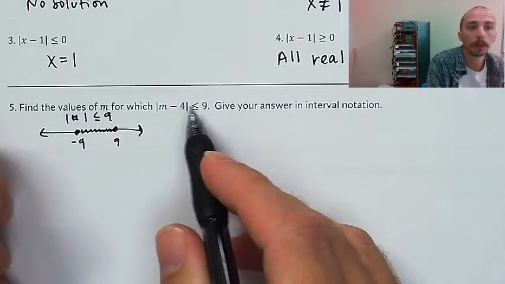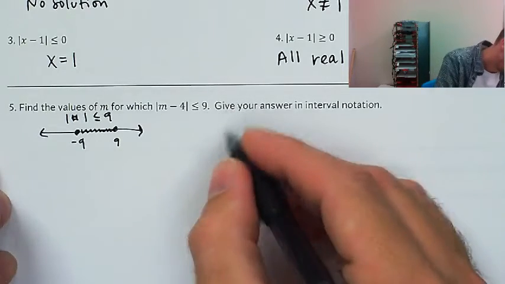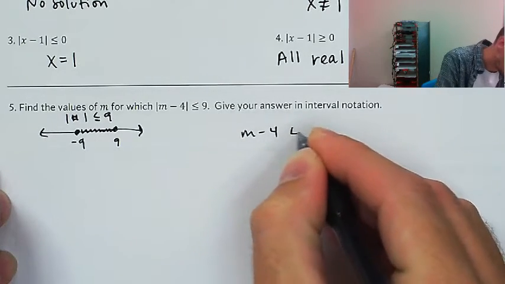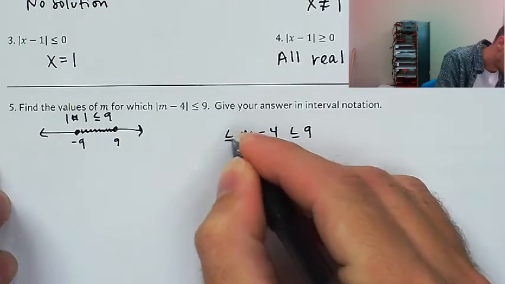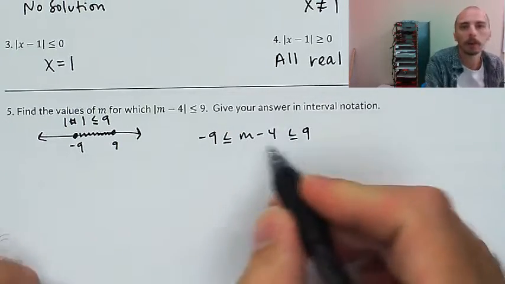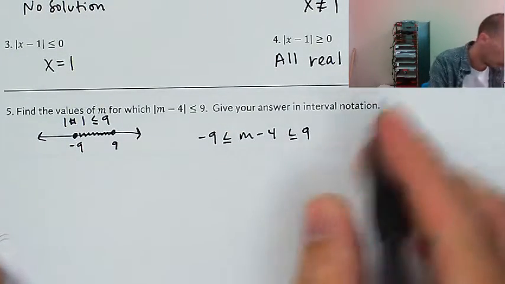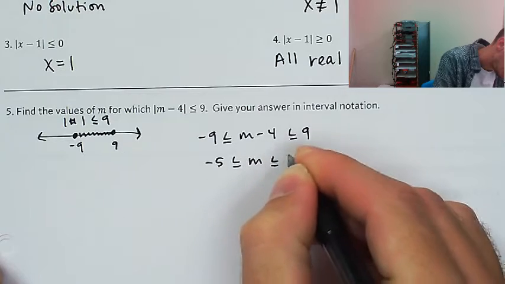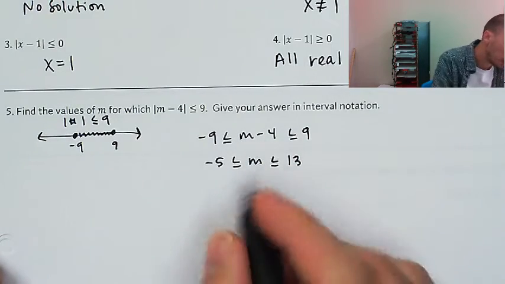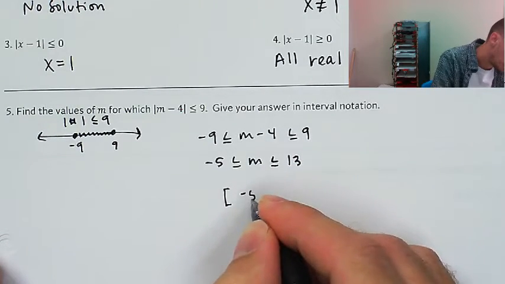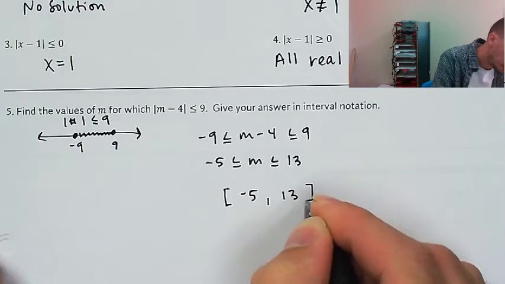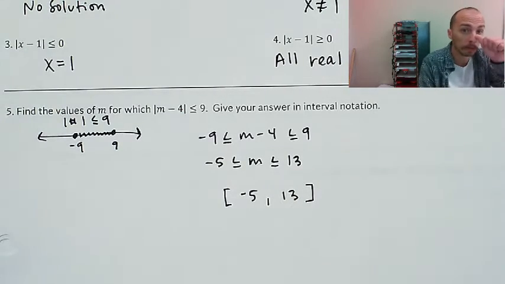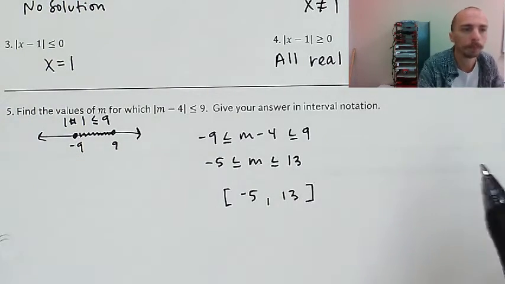So if we have the absolute value of m minus 4 is less than or equal to 9, then m minus 4 is going to need to be the thing that's between negative 9 and 9. Now I'm going to just solve this inequality by adding 4 to all three sides. And it said give my answer in interval notation, so I'll say negative 5 up to positive 13, including both endpoints, because it was less than or equal to.